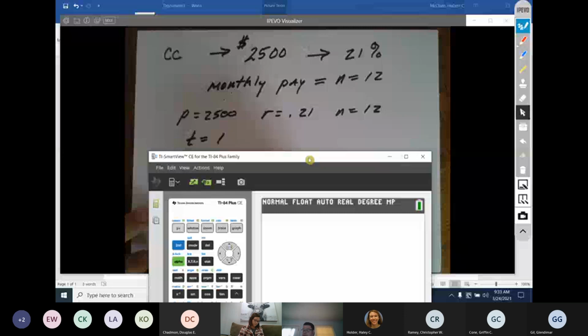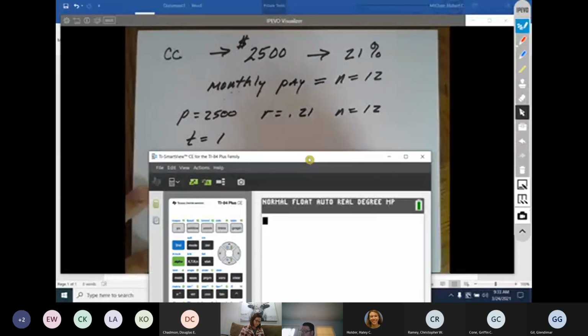I'm going to go ahead and put it in the formula for you. My payment equals, let's see, 2,500 times 0.21 divided by 12, over 1 minus 1 over 1 plus 0.21 over 12 raised to the NT, so that's 12 times 1.